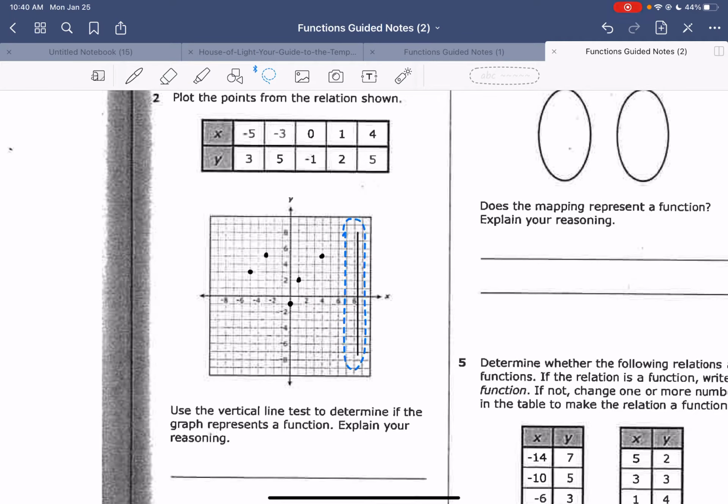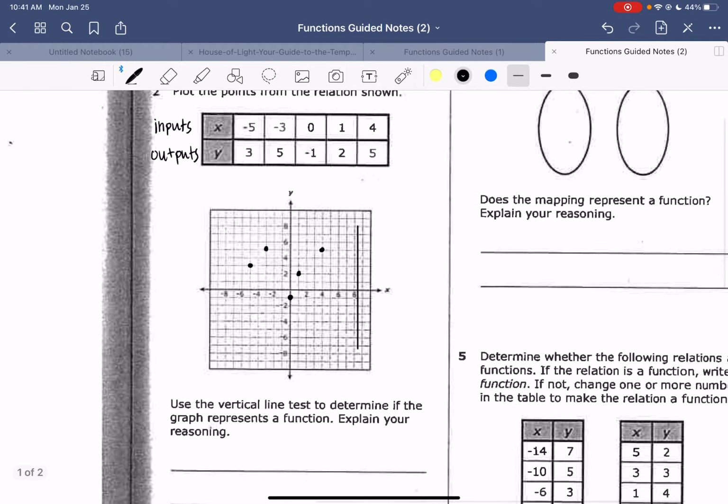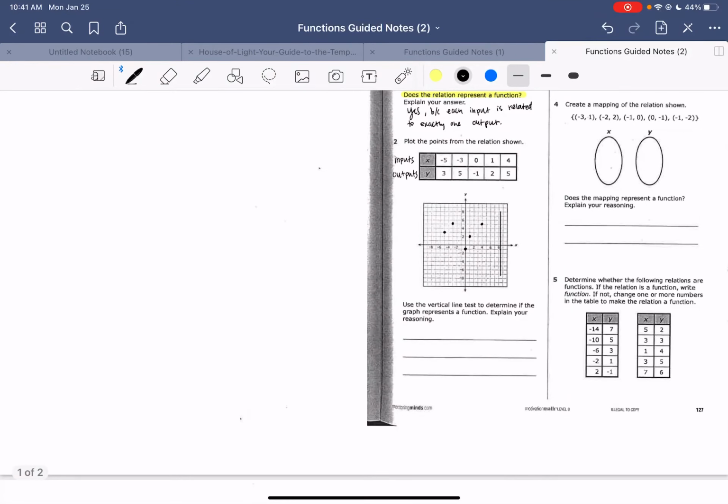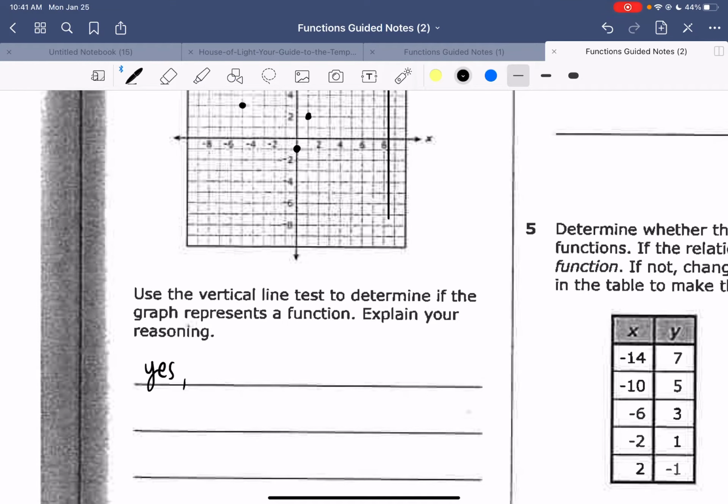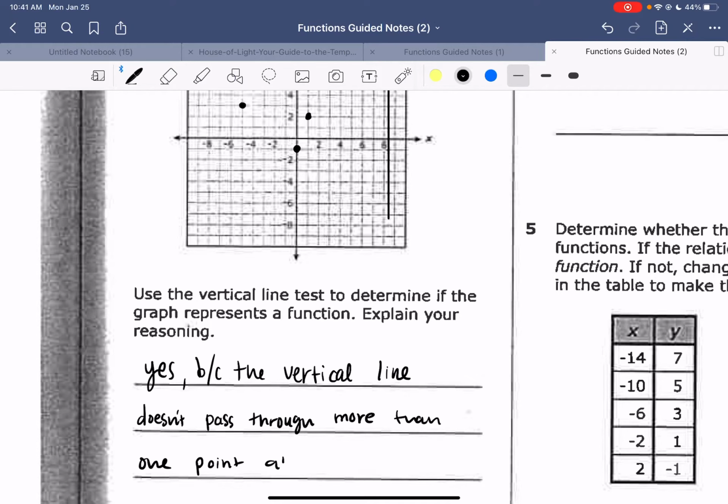So for this set of relationships of inputs and outputs, remembering that the x's are inputs and the y's are outputs, we can see with our vertical line test that yes, this is a function, because the vertical line doesn't pass through more than 1 point at a time.